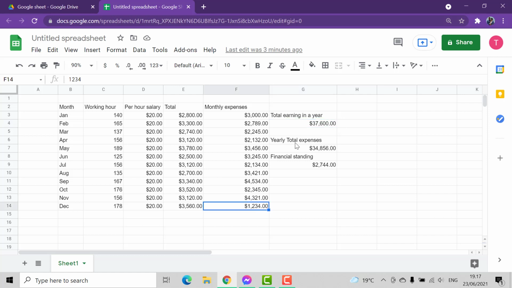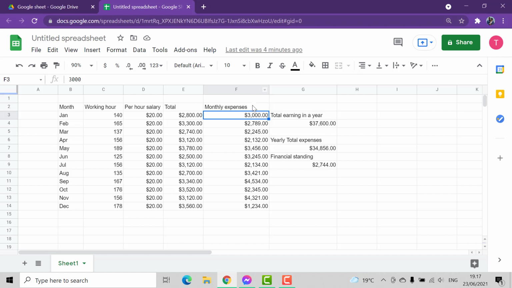So you get all the numbers added, and that is giving you the total earning in a year. That is $37,600.